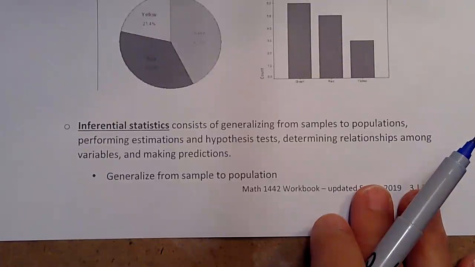If you want to read more about descriptive and inferential, you can always do a Google search for descriptive and inferential statistics to look at other examples. But oftentimes they will emphasize with inferential that you're working with samples. If you're taking samples and making a generalization about a population from the sample, that is going to be inferential statistics. Just keep that in mind.